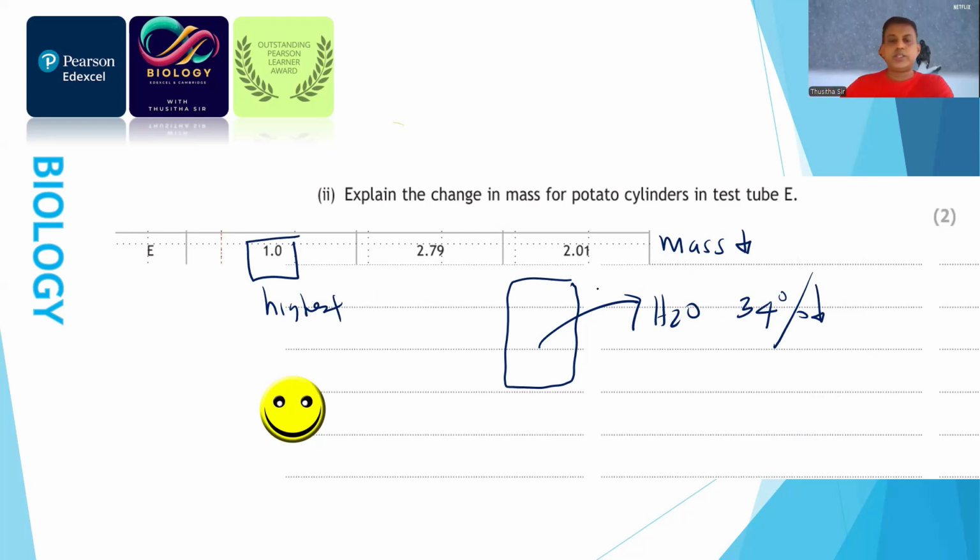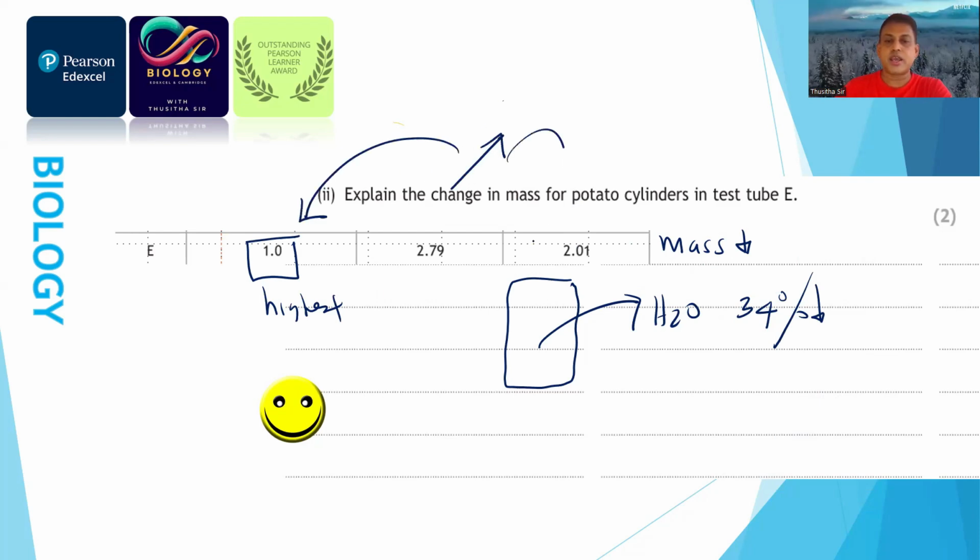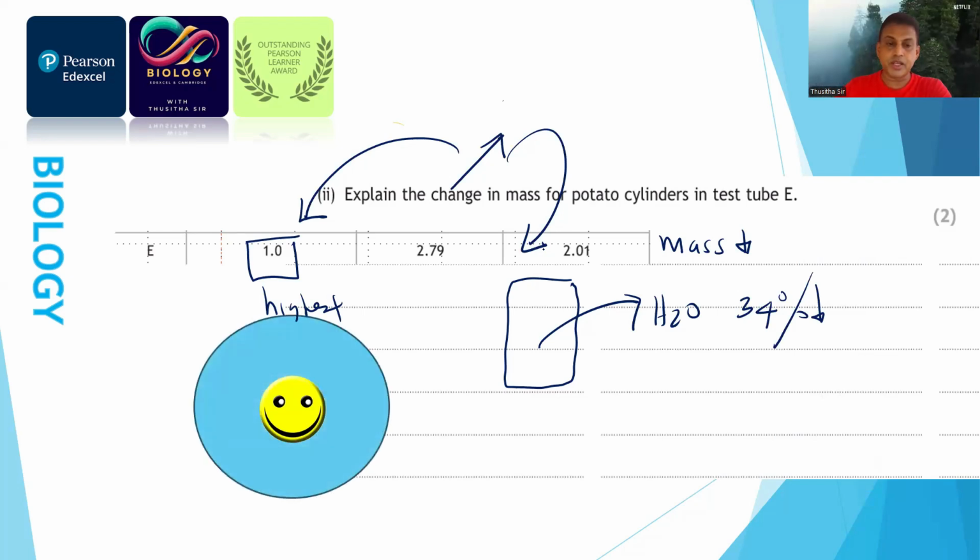Right, now 2 points. The highest change I have to explain, and what happened to lose the weight I have to explain using osmosis. So these two facts I placed here. Okay, again I will explain the same thing.